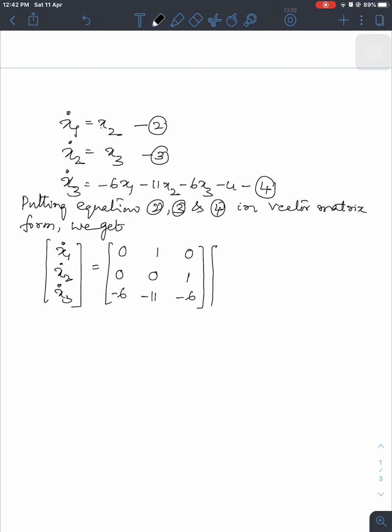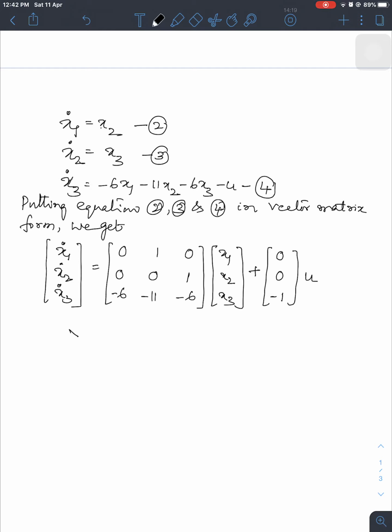So it is written this way: x1, x2, x3 plus, there is no input term in equation 2. That means it is 0. There is no input in equation 3. That again is 0. And in the fourth equation, this is minus 1.